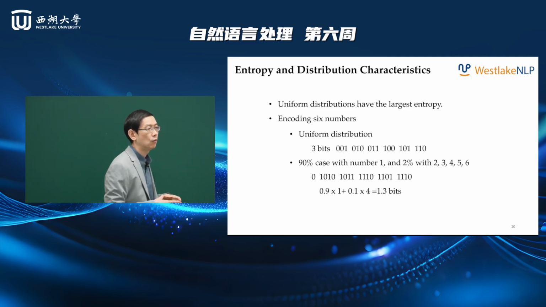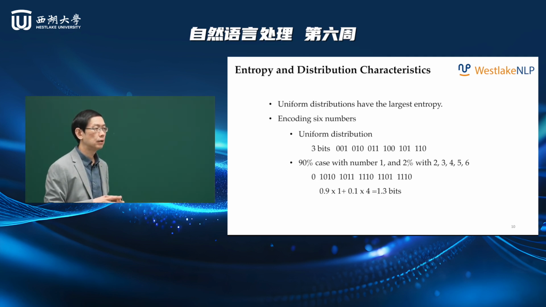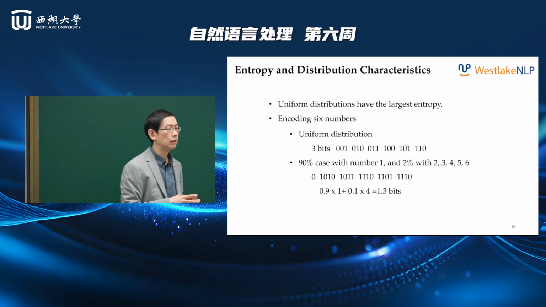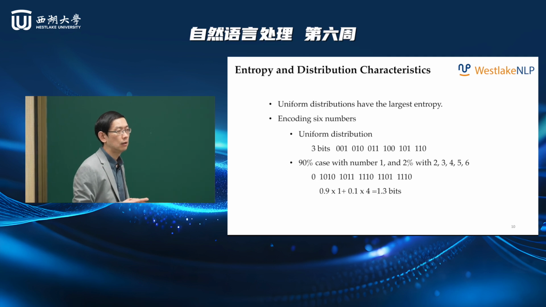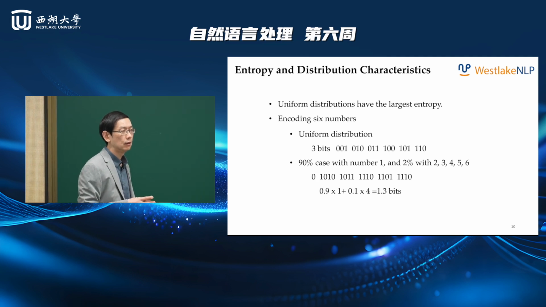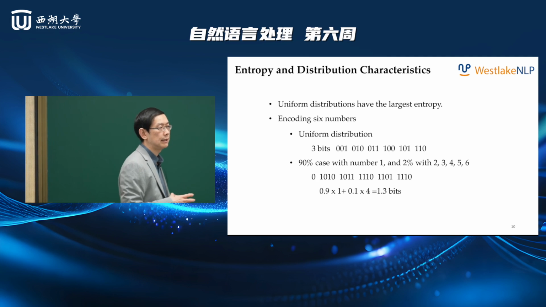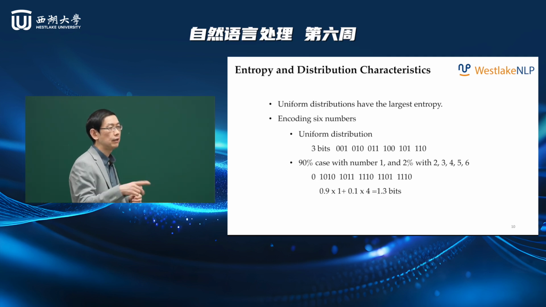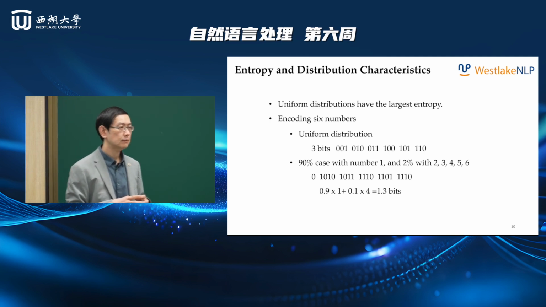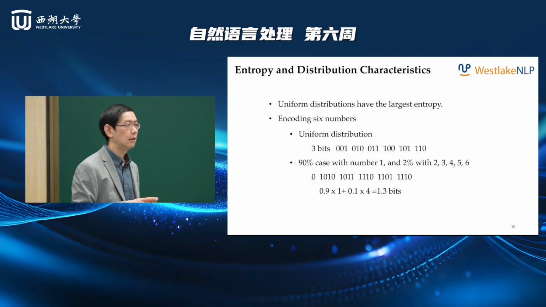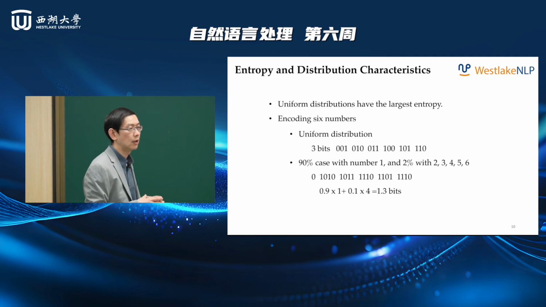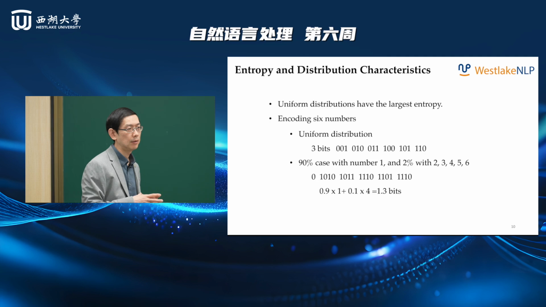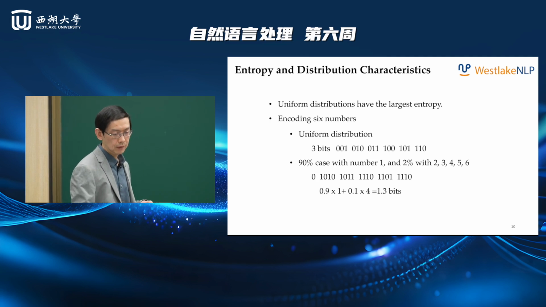You only need 1.3 bits to encode a number on average, which is much smaller than 3. This is the second example I tell you. The more uneven or certain you are about an event, the less information you receive if I tell you something about the event.